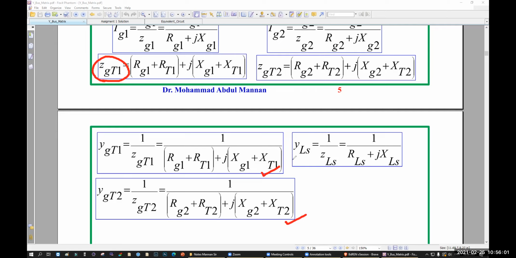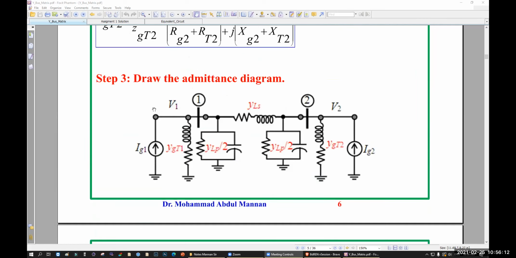And this is your line admittance, 1 divided by ZLS, that is RLS plus jXLS. Okay, that is your admittance diagram. Admittance diagram, not impedance diagram, not reactance diagram.